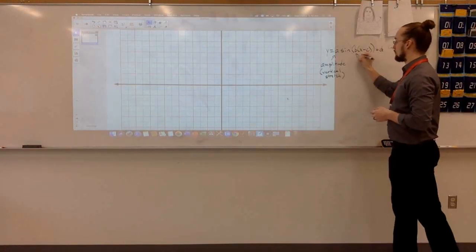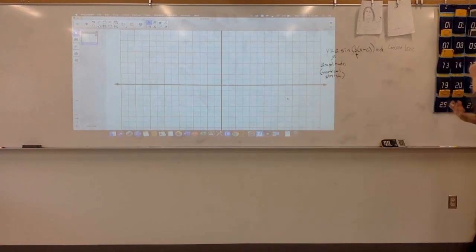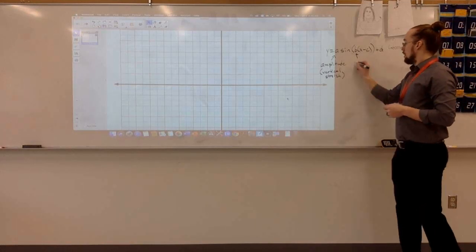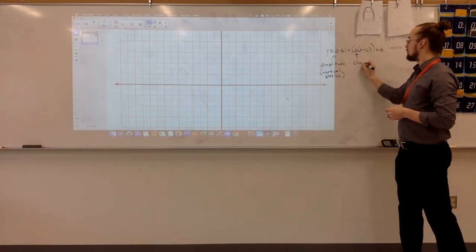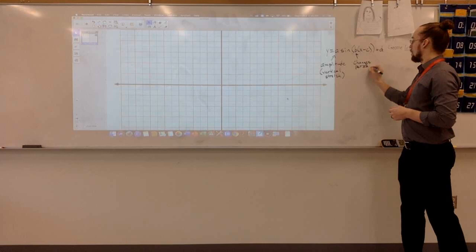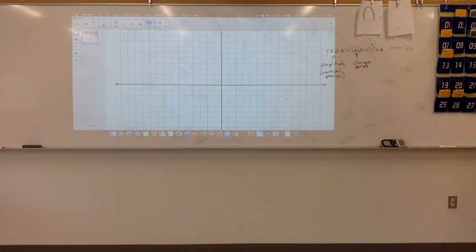We'll do a bunch of examples of these, but I just want to write down what all 4 of these values do first. So the B value changes the period. And what that means is that it's like a horizontal stretch.